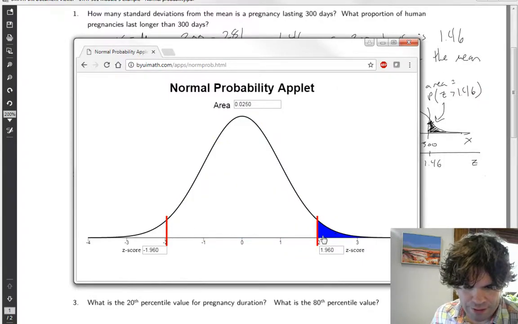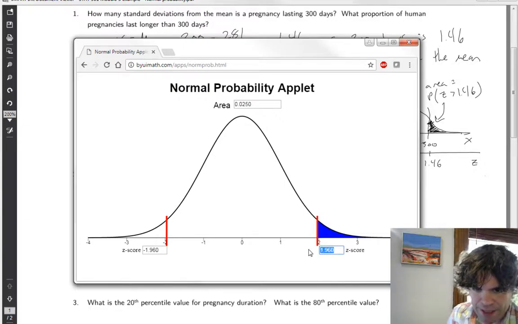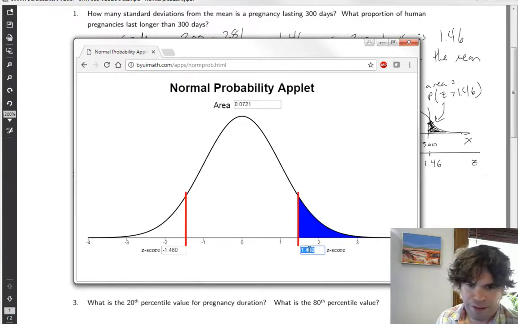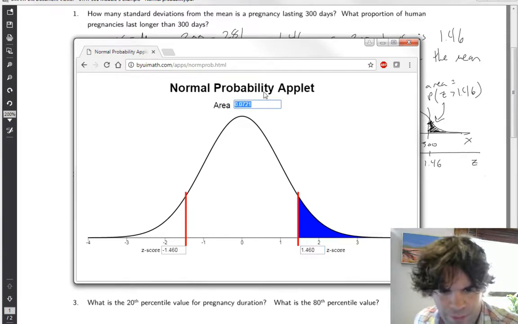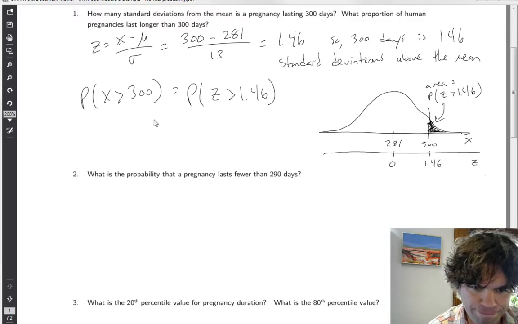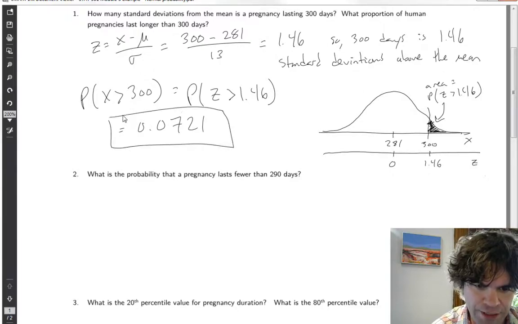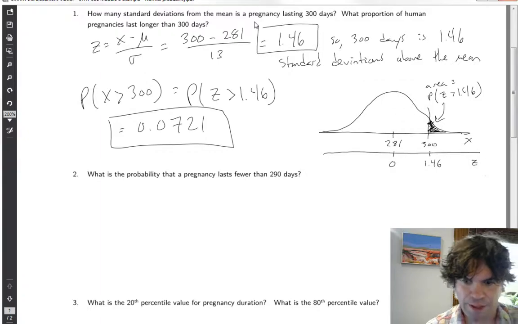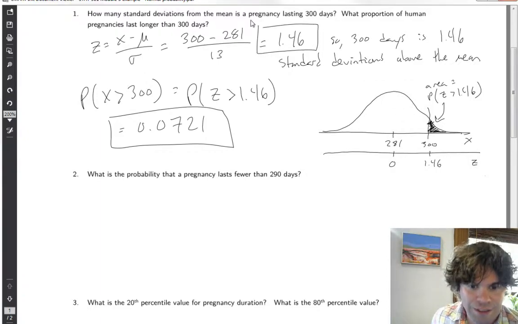Select the right-hand area and make that z value 1.46, and there's our answer, 0.0721. Okay, so that's the answer to the proportion question, and that's the answer to the number of standard deviations question.